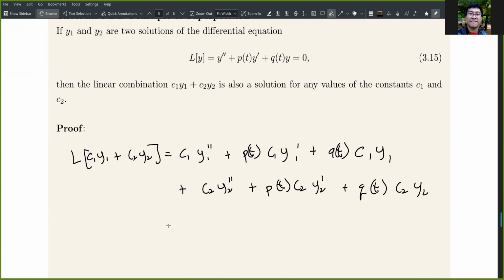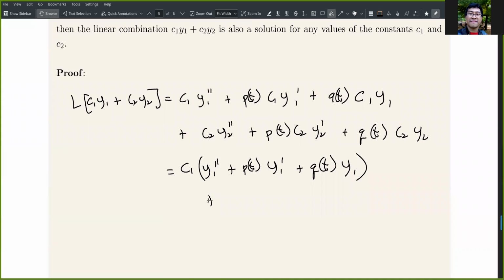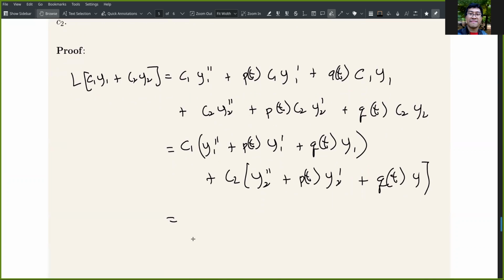So this can be written as C1 times [y1 double prime plus p(t) y1 prime plus q(t) y1], plus C2 times [y2 double prime plus p(t) y2 prime plus q(t) y2].